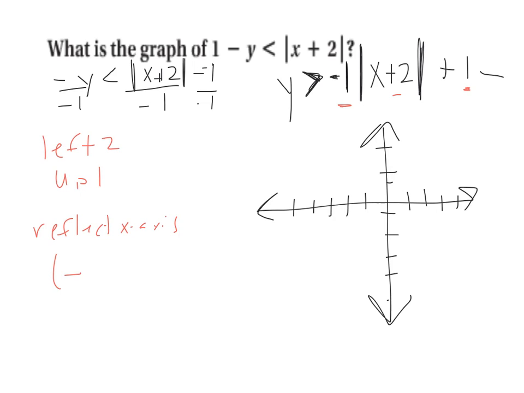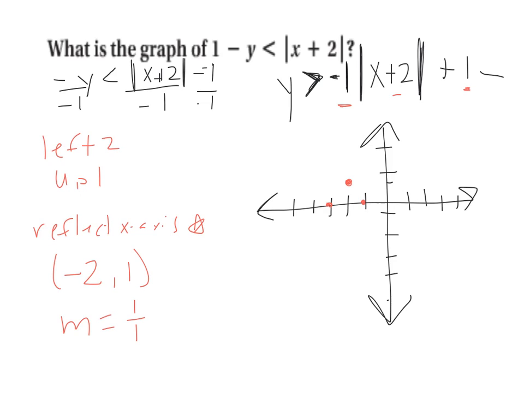So left 2 would be a -2, up 1 is 1, and my slope here is going to be 1. But I have to make sure to include it's a reflection over the x-axis. So first I'm going to plot my point left 2, up 1, and then my slope down 1 over 1, down 1 over 1.